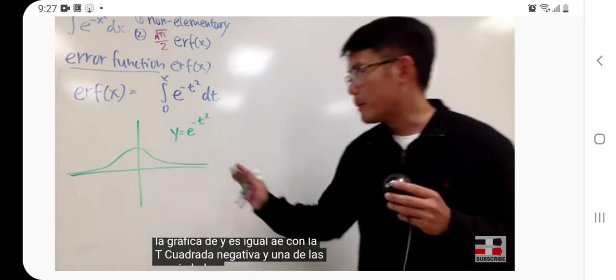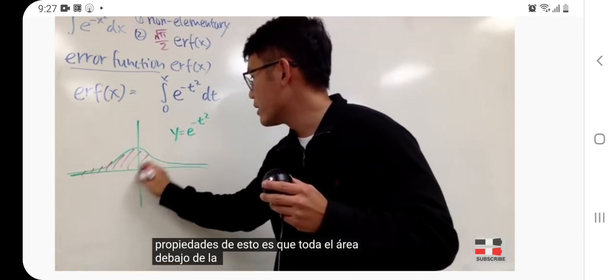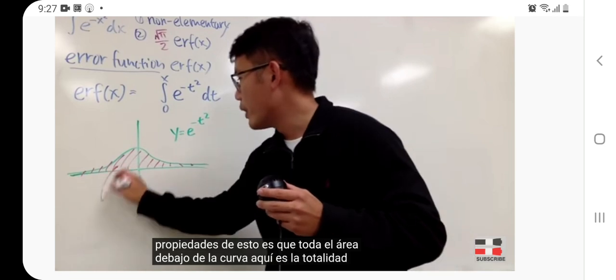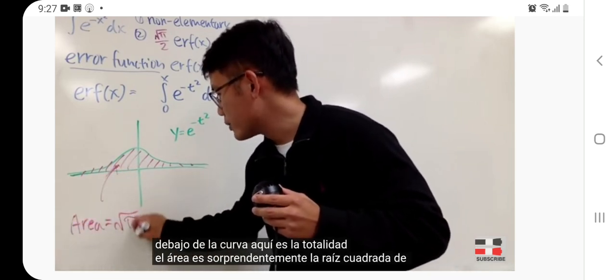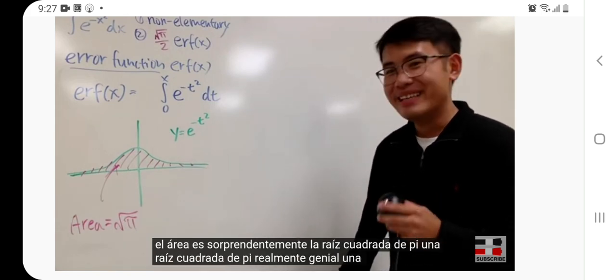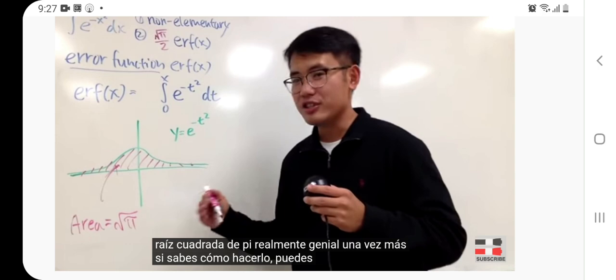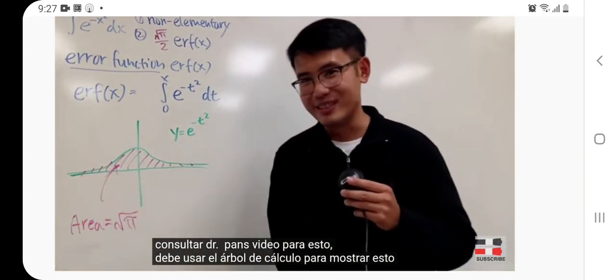And one of the properties of this is that the whole area under the curve right here is surprisingly square root of pi. It's really cool. Once again, if you want to see how to do that, you can check out Dr. Payan's video for this. You have to use calculus 3 to show this.